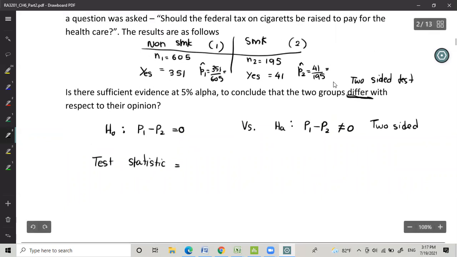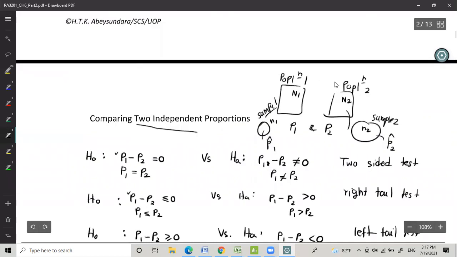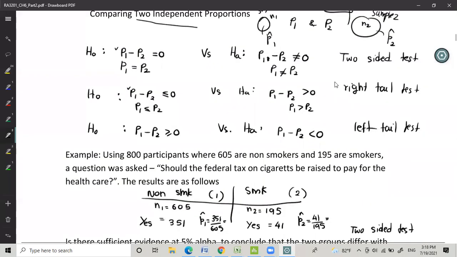It will be provided. May I write the test statistic somewhere here so you can use it with the other calculations? Here's the test statistic.